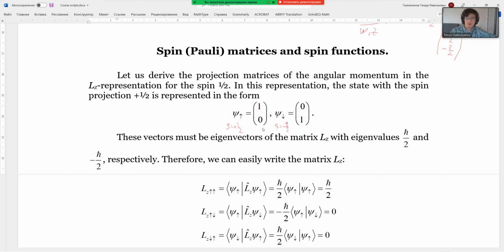The vector which corresponds to spin down is (0, 1).